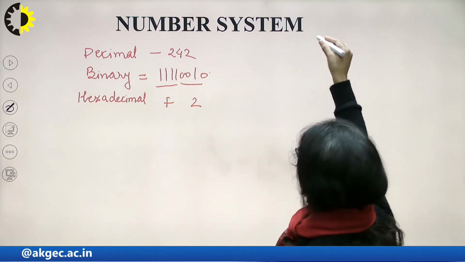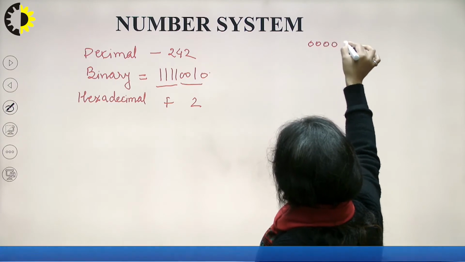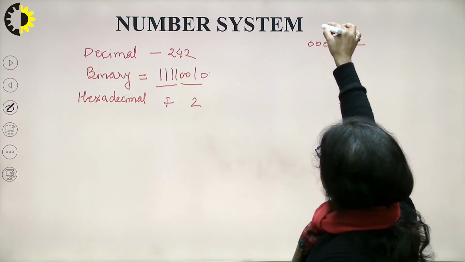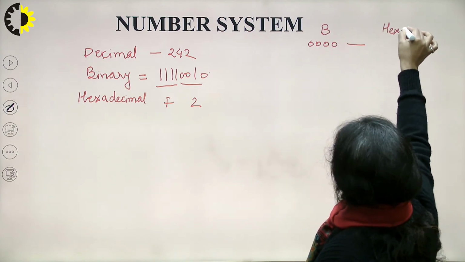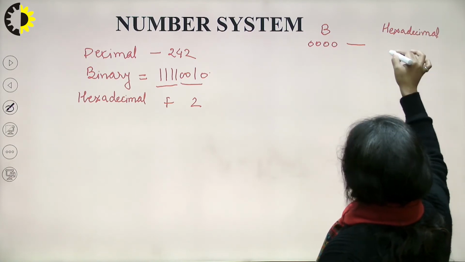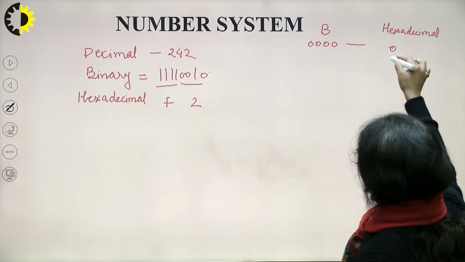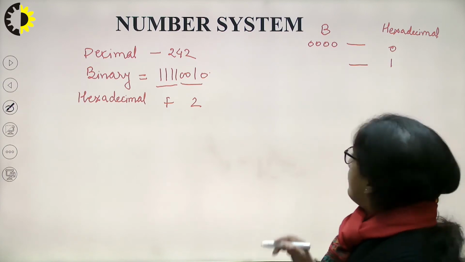So how are we going to write this F or 2? For that, if you start with 0000, its equivalent hexadecimal, this is binary and this is hexadecimal, is 0. In hexadecimal, the next number is 1. How will I write it as 1?